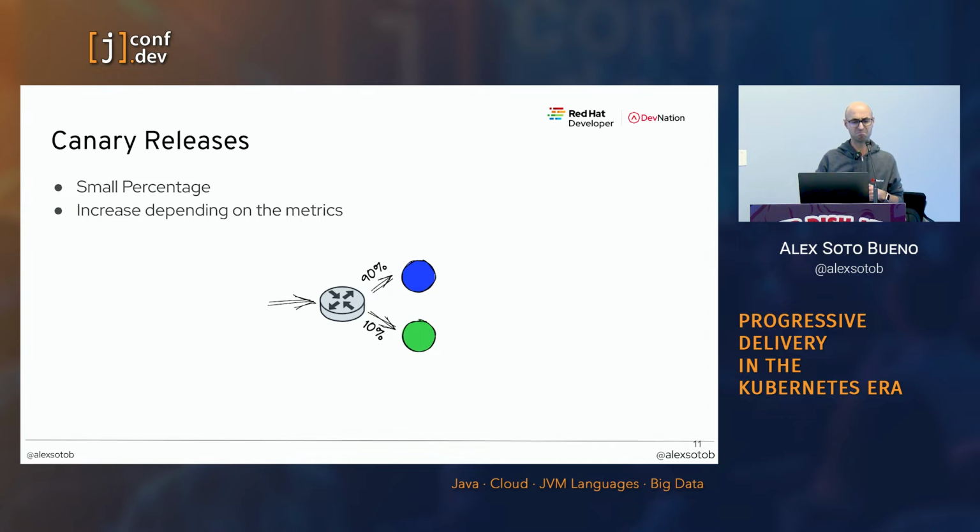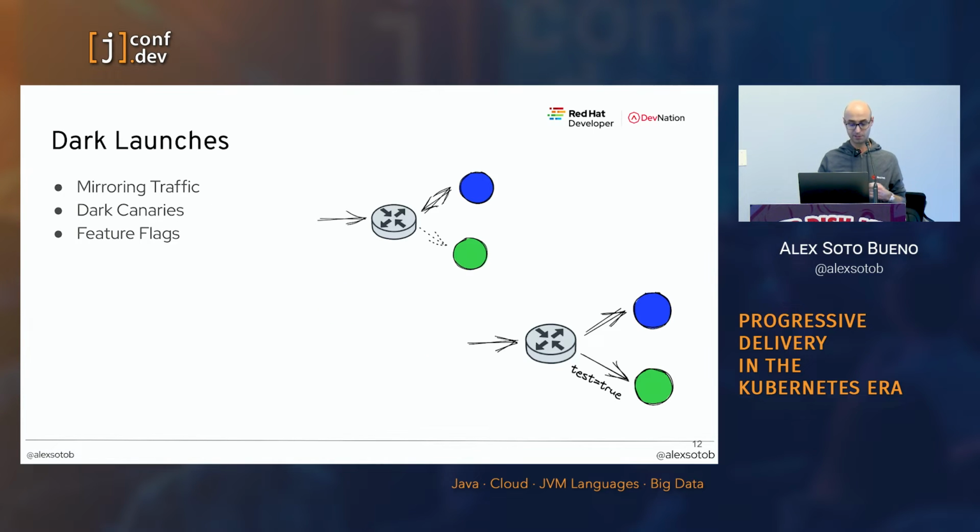If you see that it's working, there are no regressions, the performance is okay, there are no bugs, everything works, let's increase that percentage from 10 to 15, 20, 25, 30, 50, 75, 100%. So instead of moving all the traffic from V1 to V2, now we are doing it step by step. And this is a canary release. Okay, it's a really nice technique, but it also has a problem.